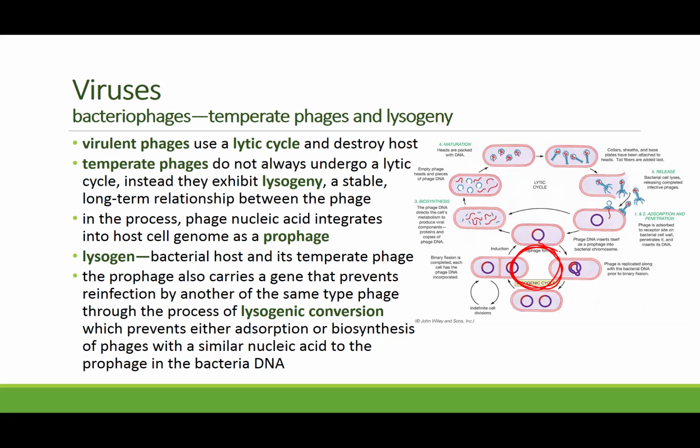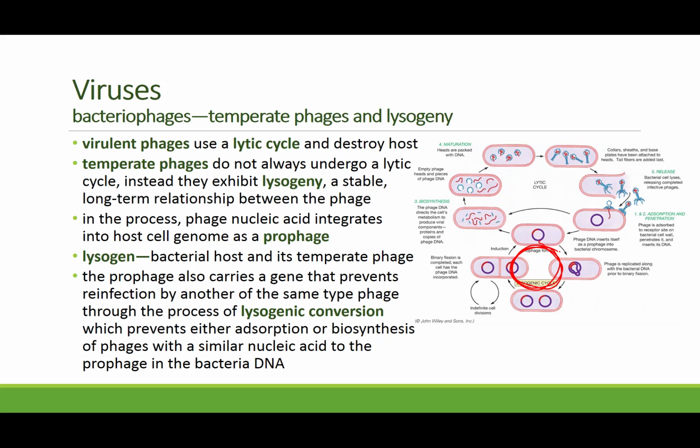Interestingly, when they are in this lysogenic cycle, the bacteria will become resistant to reinfection by any of the same group of phages. So only one bacteriophage is allowed to place a prophage into the genome of this lysogen, this bacterial host, plus its temperate phage. And so it prevents the adsorption of any other phage of the same species.